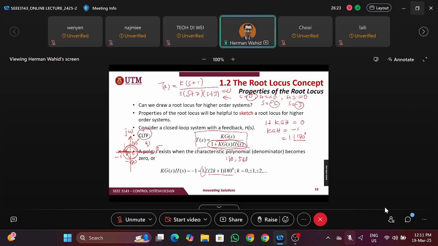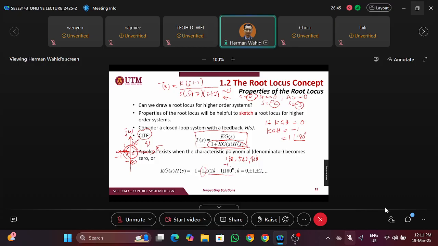If we substitute k with 2, 4 plus 1 is 5, times 180 is 900. So these are possible angles.